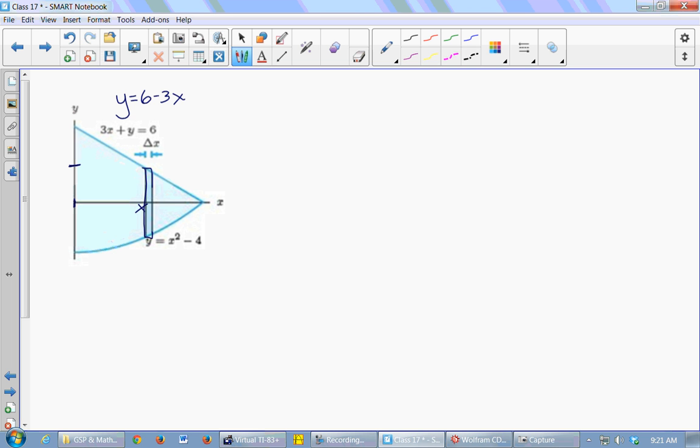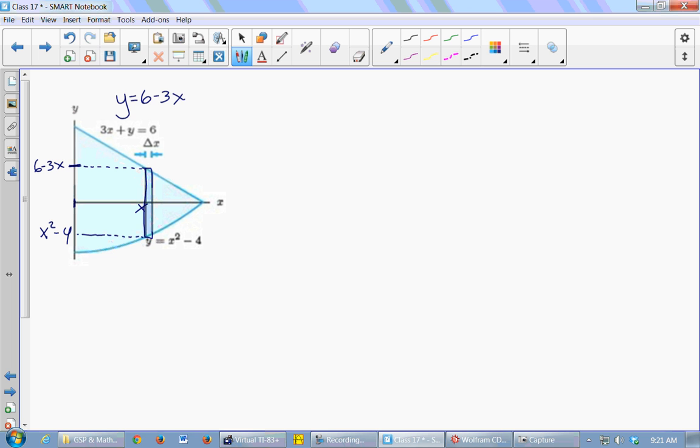This height is a function of x. It's 6 minus 3x, and this height is x squared minus 4. So the distance between them, I would just subtract. To find the distance between two values on a number line, you subtract them.